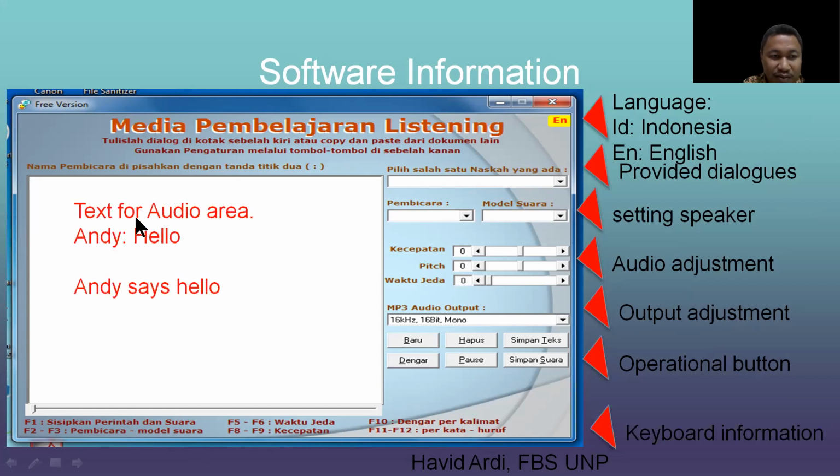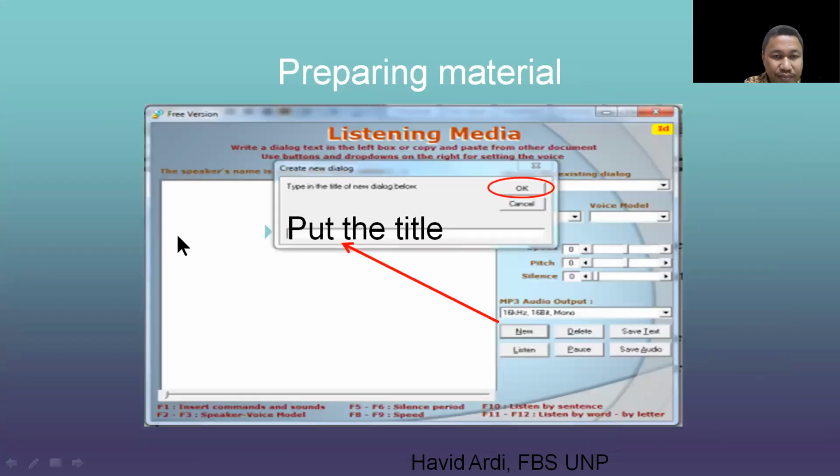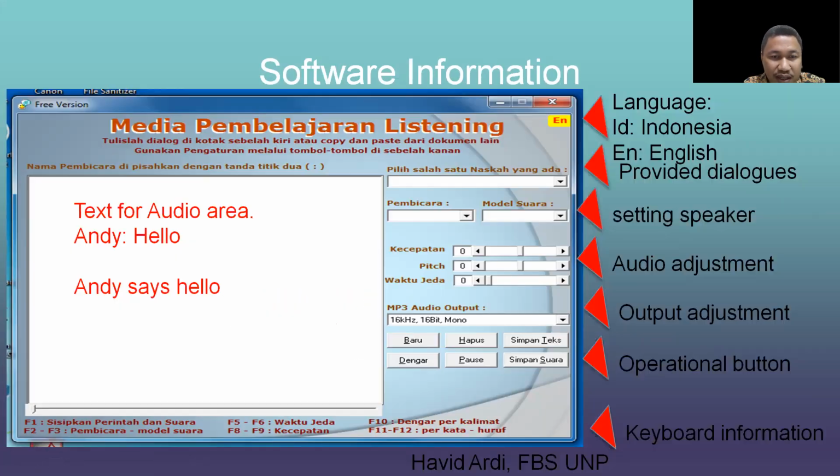So you just write the text here and put the name if you'd like to make a speaker and conversation, for example. If we put it like this, it is a kind of conversation. And if we just write without any colon, it means it is a kind of narrative, narration.